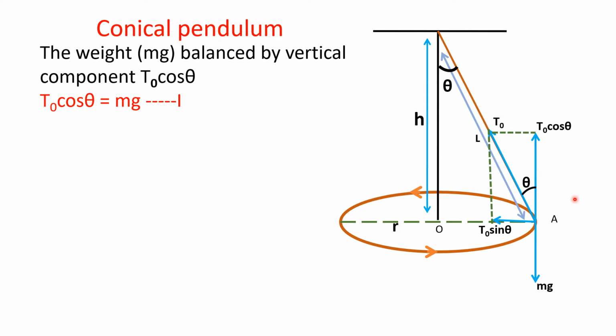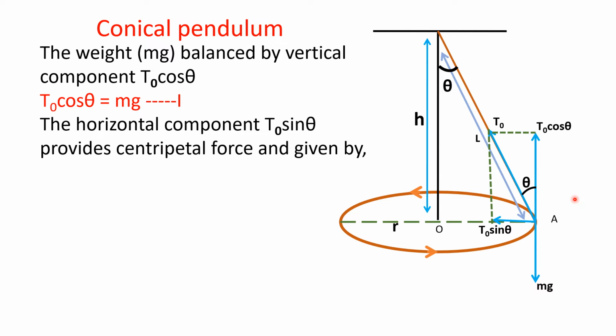To get equation 2, we look at the horizontal component of T0, that is T0 sin theta, which provides the centripetal force and is given by T0 sin theta is equal to mv squared upon r.